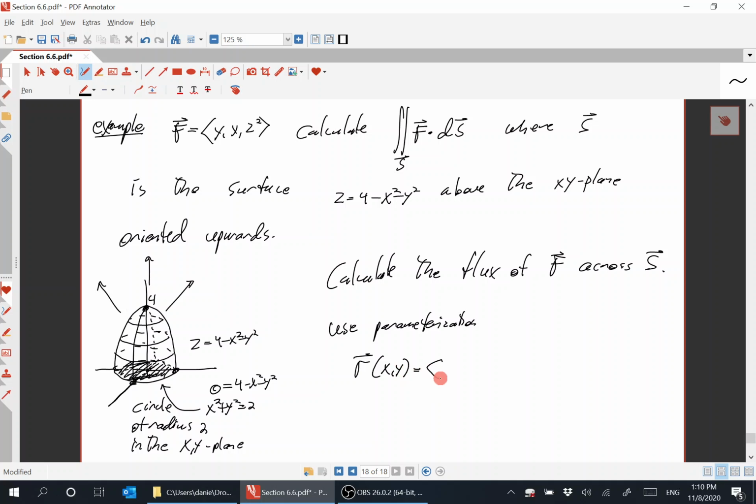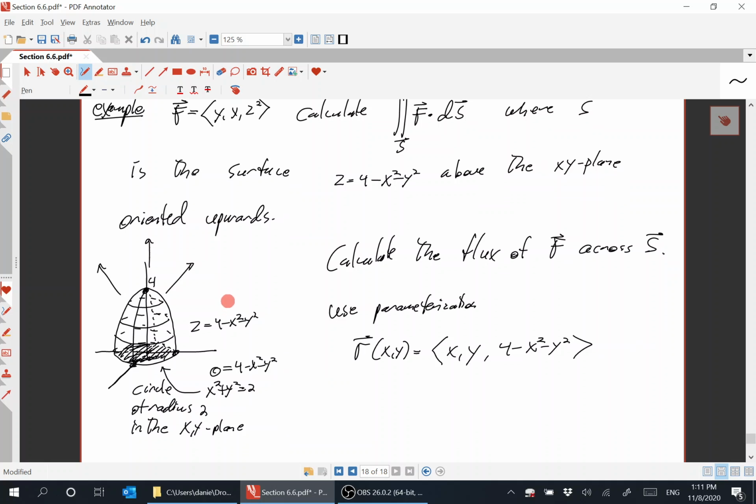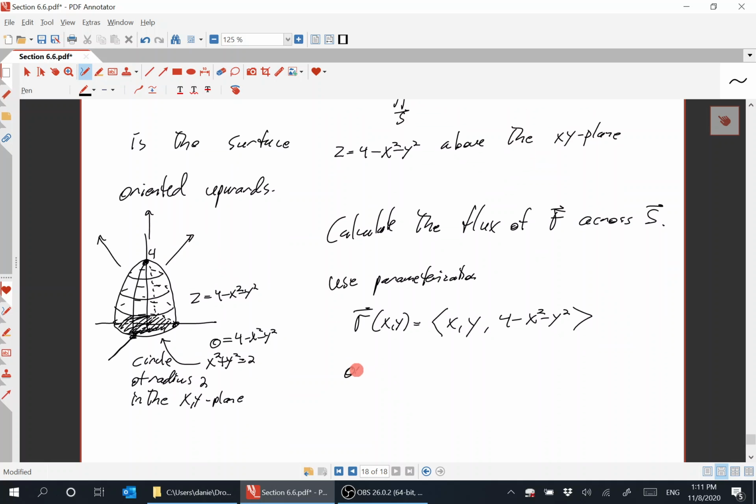Use this standard, sometimes called the trivial parameterization. x is x, y is y, and z equals f(x,y), for the circle of radius 2 in the xy plane.